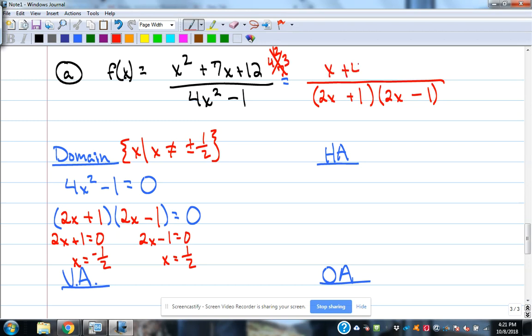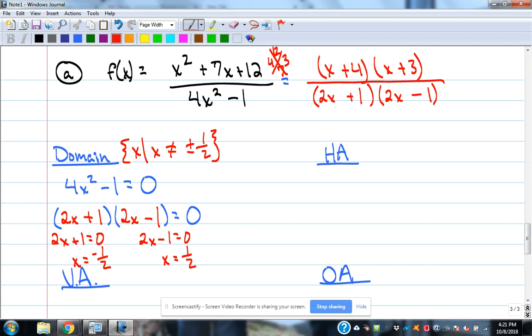So it's x plus 4 and x plus 3. So I factored the numerator and the denominator to try and see if I could simplify. I did all that work and nothing is the same. I don't have a same factor on top and bottom, so nothing's going to cancel here.